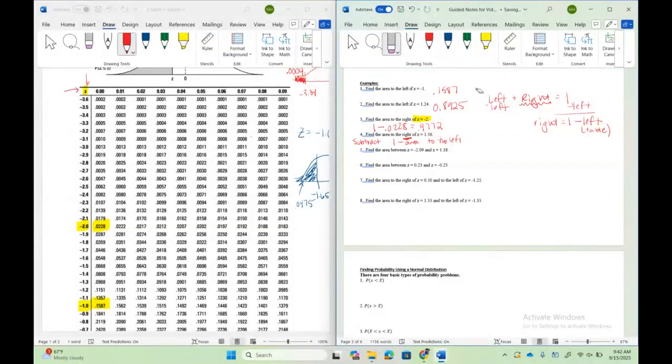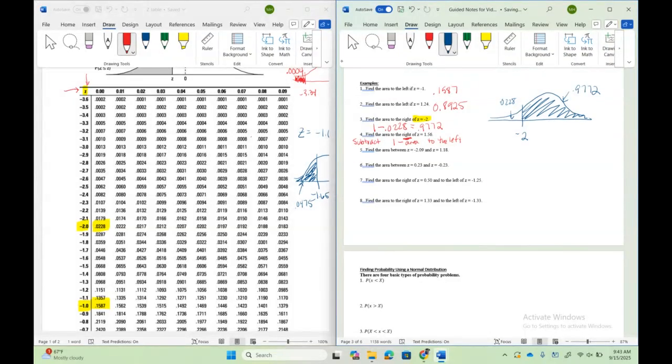And that kind of makes sense to me when I think about that curve. Negative 2 is here, so the area on the table is 0.0228. The area to the right that I want looks like over half, which is 0.9772.